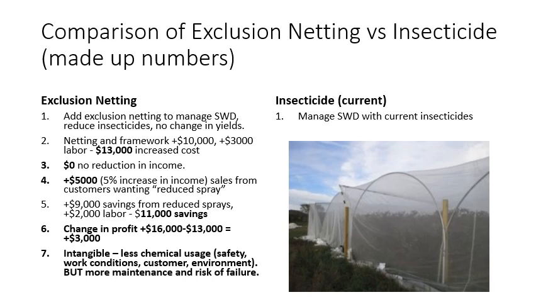Another intangible may be that I'm worried about more maintenance and I don't have maybe the labor for that, or I'm worried that it may still fail, that people will leave the screens open, that I may end up having to use the insecticides anyway because the exclusion netting is not sufficient. I've never used it before. So I may end up deciding that $3,000, I'm really not sure that I'm actually going to generate that. But these are the steps I would go through in thinking about these two options using a partial budgeting technique.